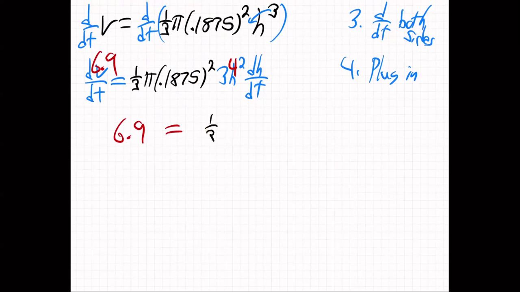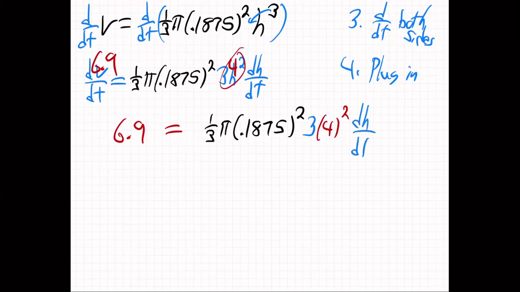1/3 pi times 0.1875 squared times 3 times 4 squared, right? Because it's right there, h squared, height of the water squared, dH/dt. We're trying to find dH/dt, so we are hot on the trail, aren't we? We're basically there.